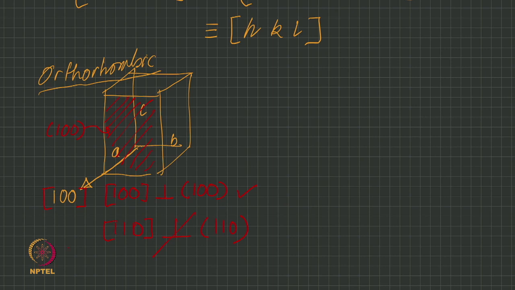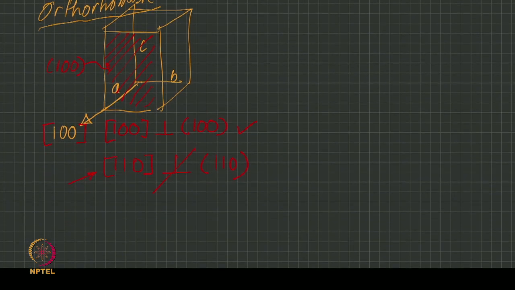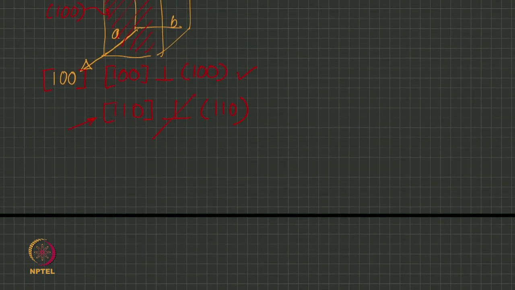And keep remembering, if I make a mistake, you can correct me also, and you can always be alert that whenever we are writing a direction, we are using a square bracket, and whenever we are writing a round bracket, we are denoting a plane.